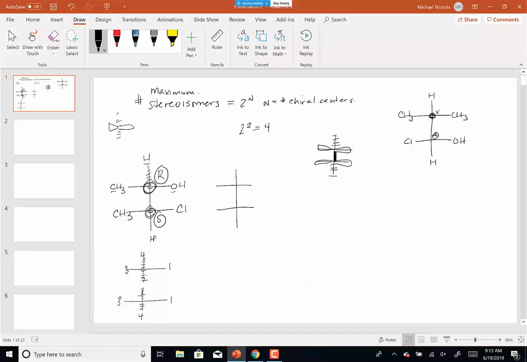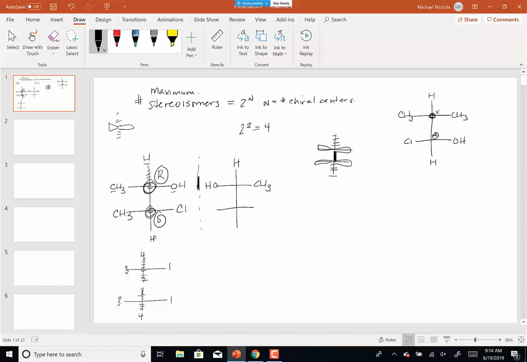We can draw the mirror image by saying here's a mirror plane. So the OH is going to be on the left and the methyl group is going to be on the right for the top carbon. If you take a step back, looking at the top carbon through this mirror plane, you can see that they're mirror images of each other. Hopefully.